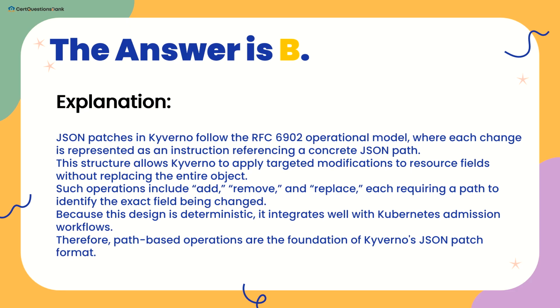Such operations include add, remove, and replace, each requiring a path to identify the exact field being changed. Because this design is deterministic, it integrates well with Kubernetes admission workflows. Therefore, path-based operations are the foundation of Kyverno's JSON patch format.